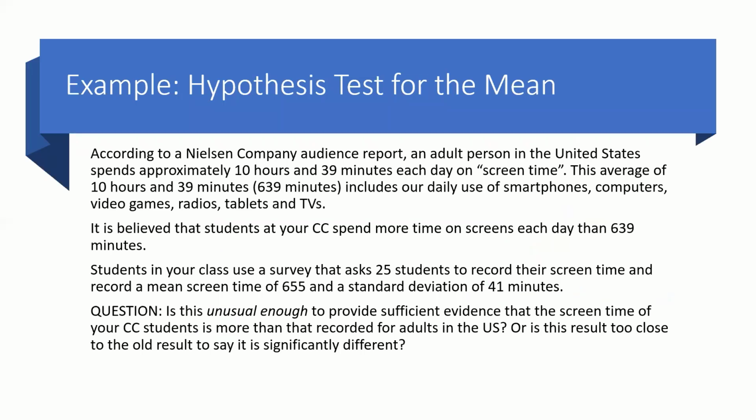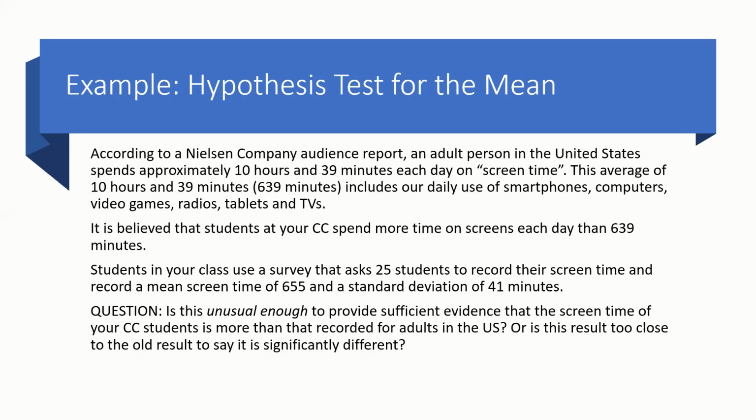Example for the mean. According to a Nielsen Company audience report, an adult person in the US spends about 10 hours and 39 minutes each day on screen time, clearly pre-COVID. The average of 10 hours and 39 minutes, or 639 minutes, includes our daily use of smartphones, computers, video games, radios, tablets, and TVs.